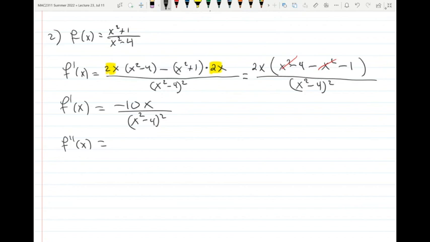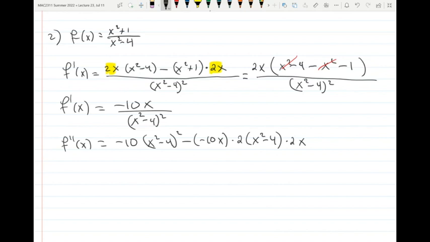So derivative of the top, negative 10, times the bottom, minus the top, times the derivative of the bottom. What's the derivative of the bottom? Little chain rule here. What is it? 2 times x squared minus 4 times the derivative of the inside, which is 2x.